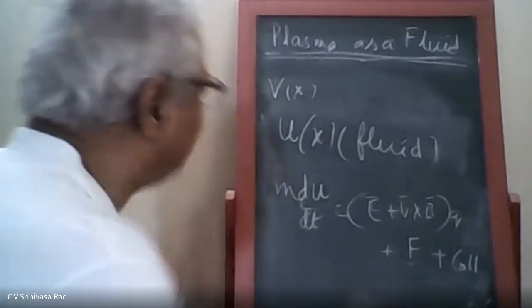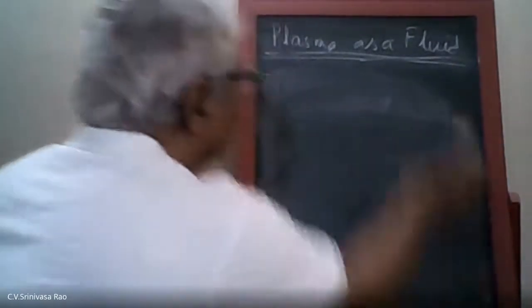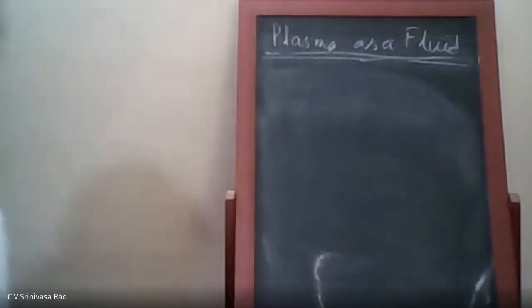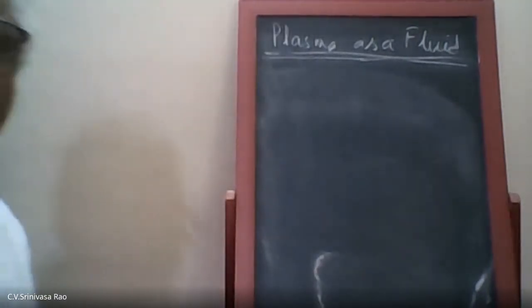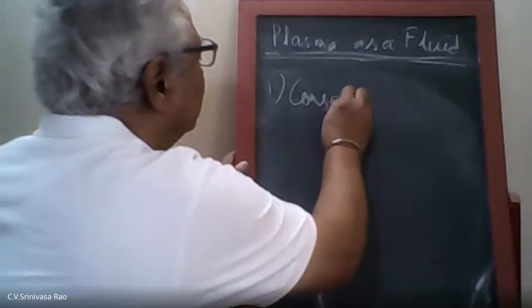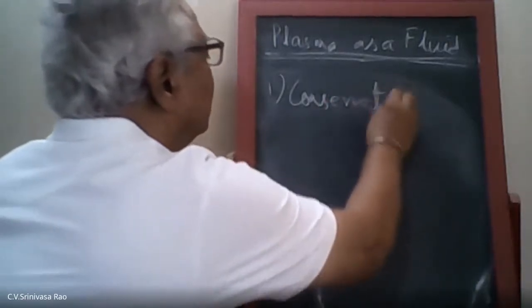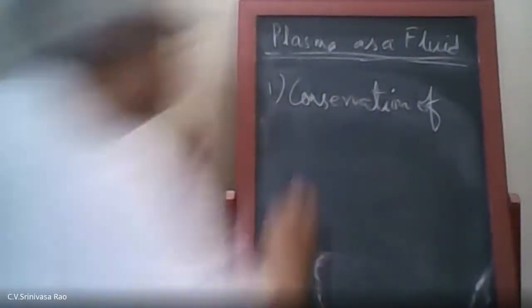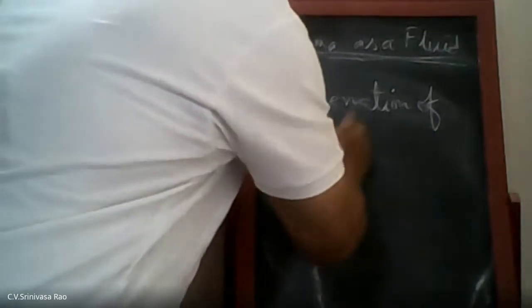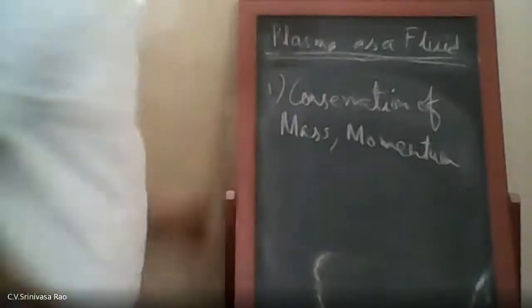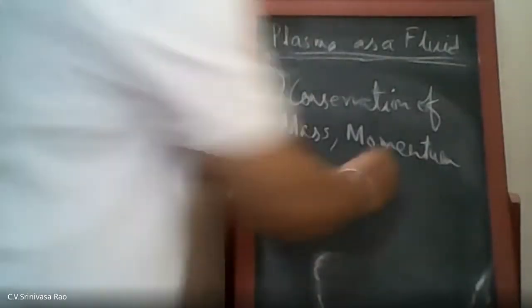So essentially what you will have to do now, after I have described to you all those levels, 0, 1, 2, 3 levels, what you have to finally do in the fluid model for plasma is conservation of mass, momentum, and energy.